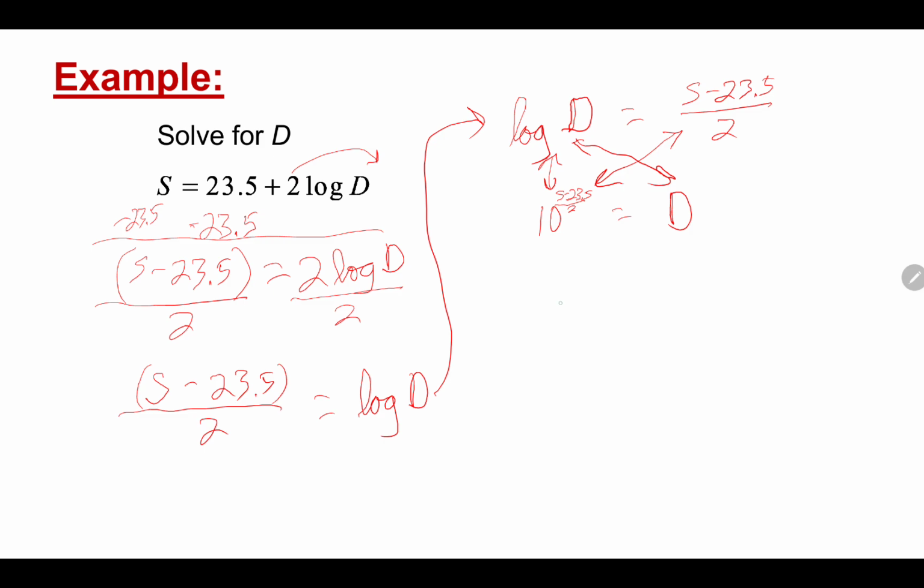And maybe I'll clean how I write that a little bit. So I have S minus 23.5 divided by 2, and my 10 is here. So this is 10 raised to that is equal to D. And I have solved for D. Again, I have another variable in here, so there's really not an easy way to solve that to find out what that is.